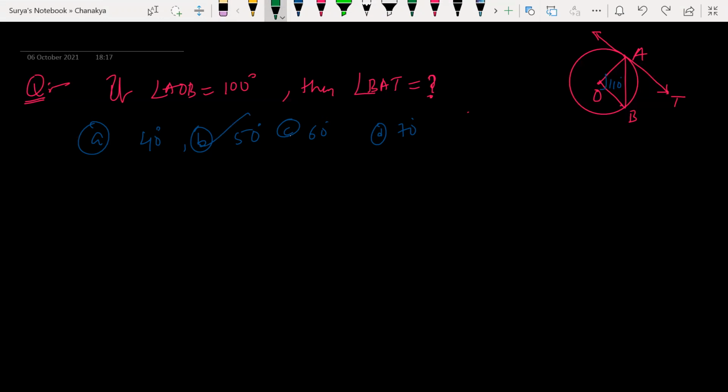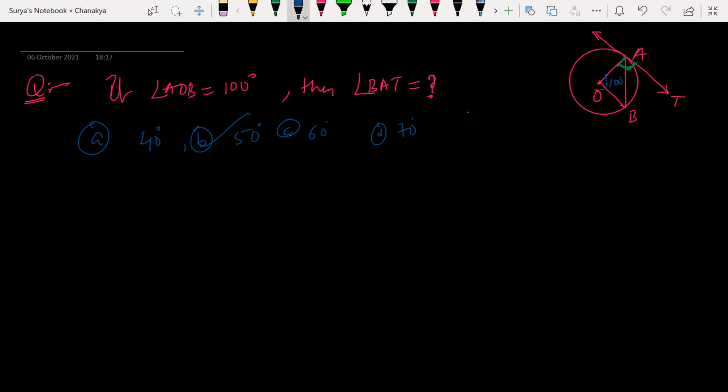So we have to find out B, this angle, right? So this will be 90 degrees. And in that, look at this here, the angle I have is 110 degrees. Sorry, it's 100, not 110. Yes, my bad, 100 is given.